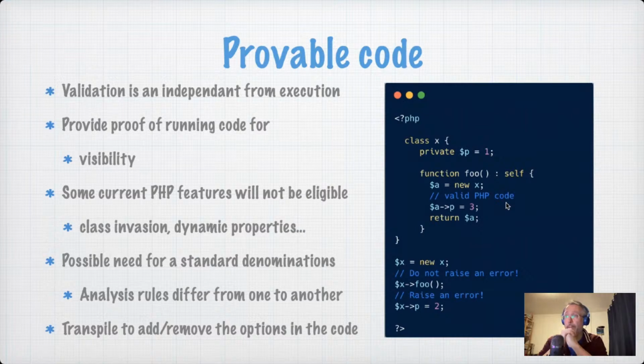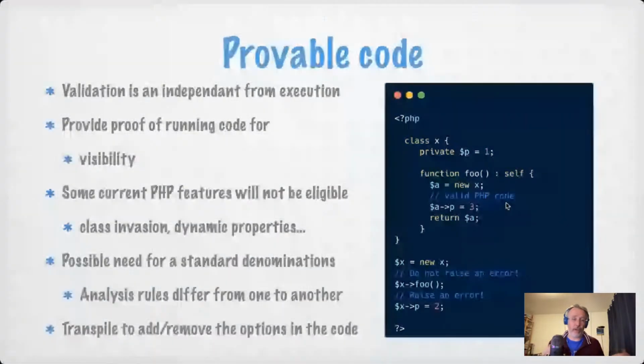And finally, we already mentioned how to transpile, to add and remove the options from the code. We probably need some extra tools to be able to add or remove them automatically, because basically the PDFF is all the options moved into an external file, but that works both ways. We could go back and forth between the code and the external tool.